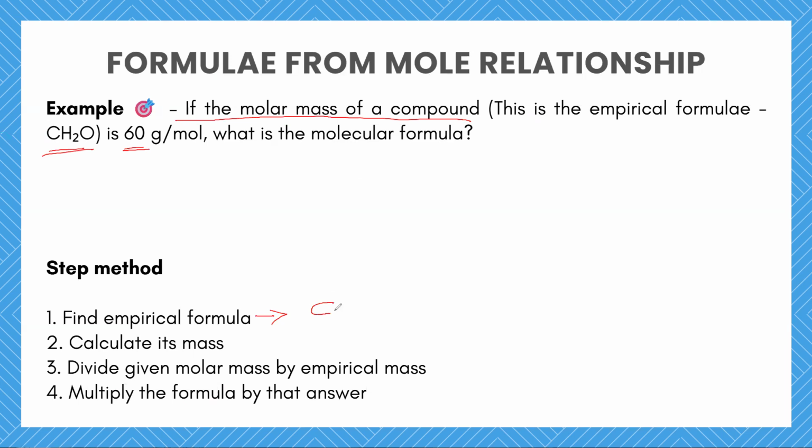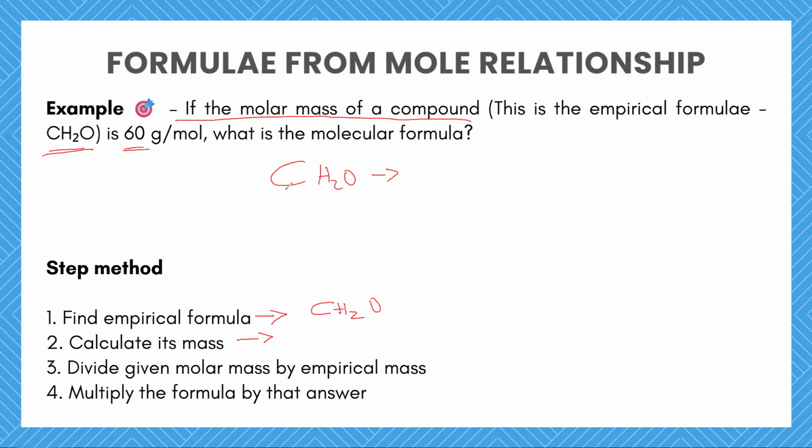We have the empirical formula to be CH2O. The second thing would be to calculate its mass. How do we do that? Pretty easy. We have CH2O. So we calculate the mass by adding up the relative atomic masses of the individual elements.